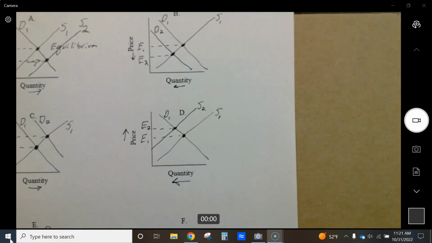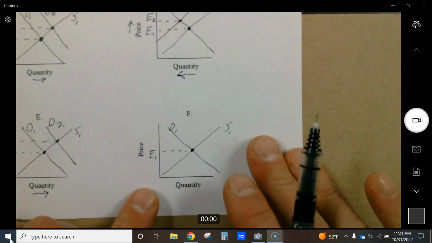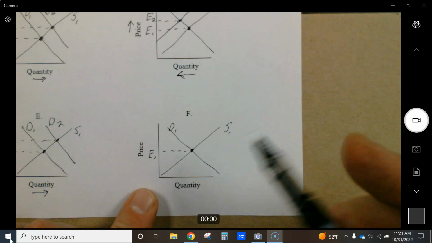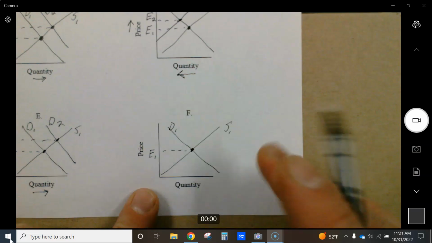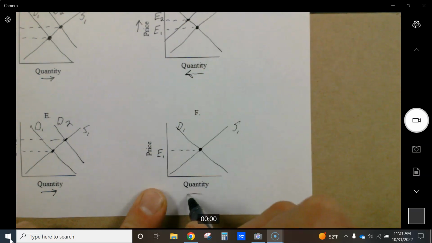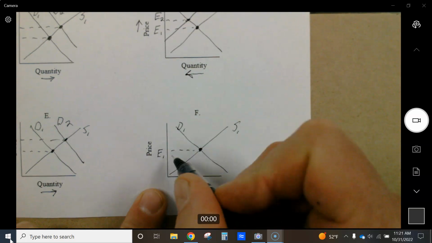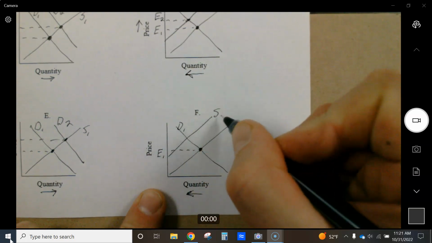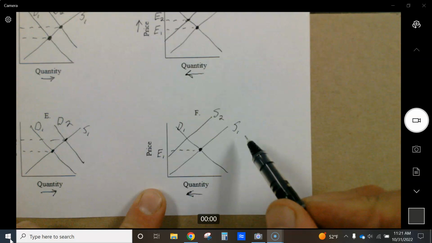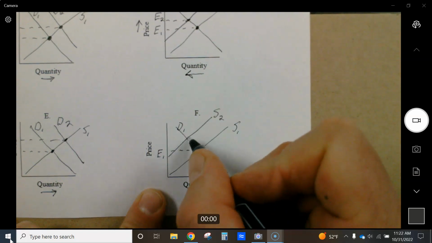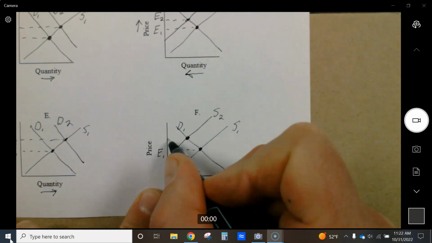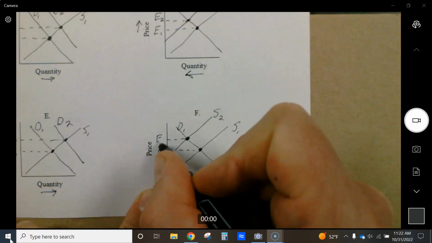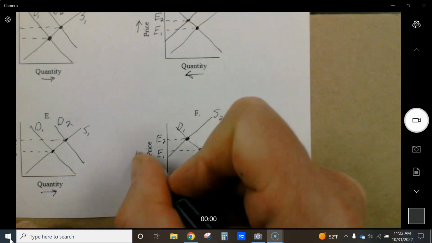So it's the supply problem, supply side. So which way does it shift? The quantity goes down because they're having trouble getting quantity. So supply shifts to the left, which would follow logically that the price would go up as a result.